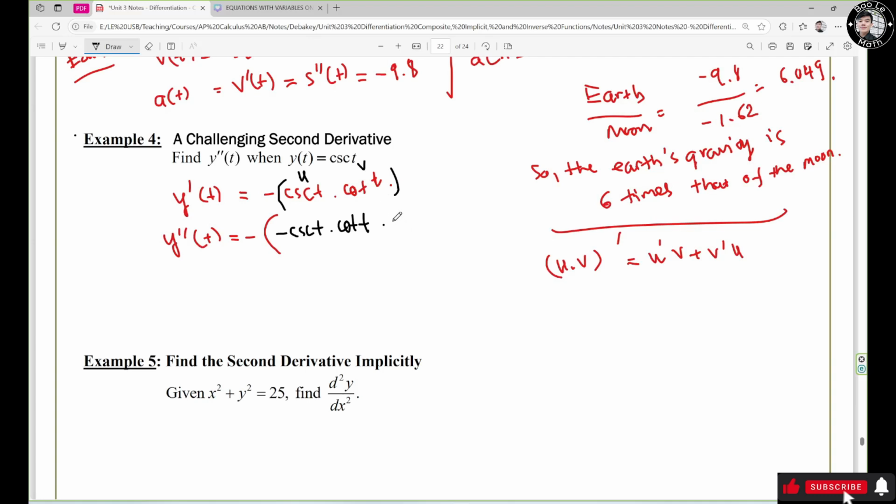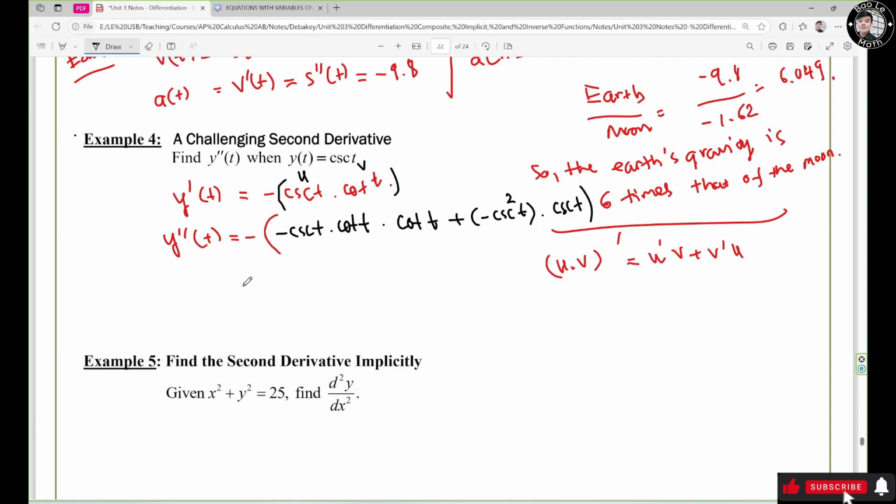Times v, which means cotangent t, right? Plus v prime, which means the derivative of cotangent t, equals negative cosecant squared of t, right? Times u, which means cosecant t, right?